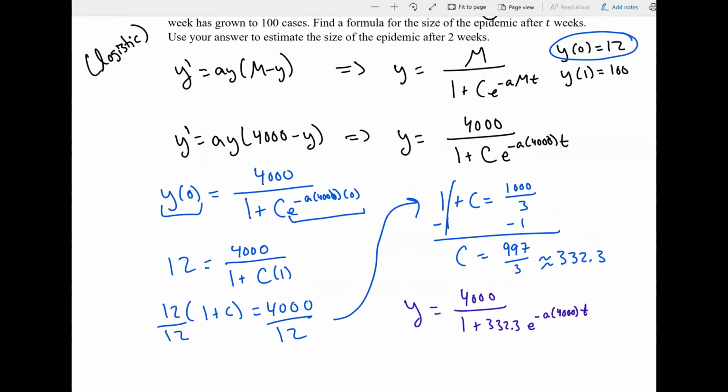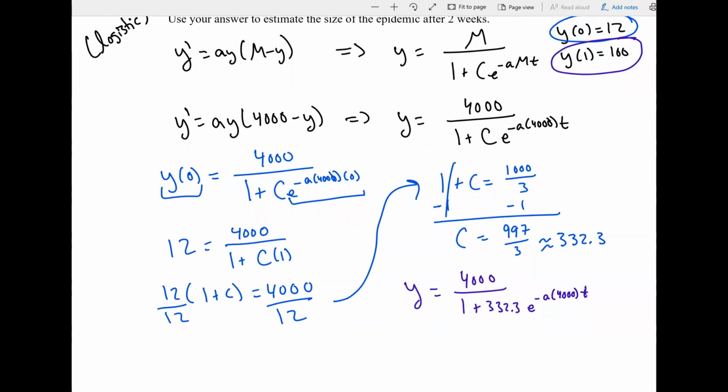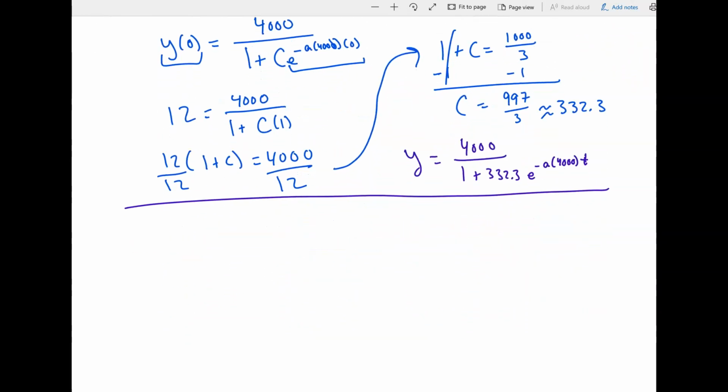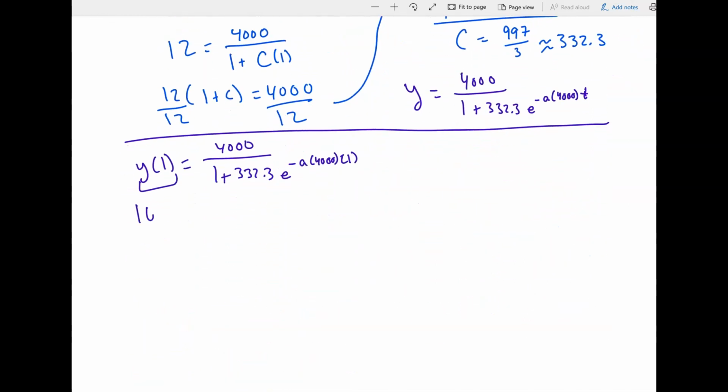Luckily we figured out what c was, so now let's use our second initial condition, y of 1. y of 1 is equal to 4,000 divided by 1 plus 332.3 e to the negative 4,000a, and y of 1 is 100.